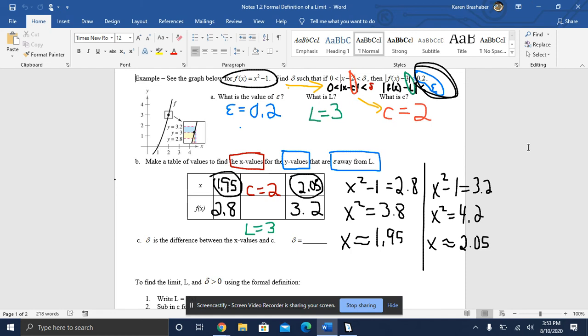So now I have to look and see what is my margin of error for the x. And that is going to be the absolute value of the difference between 2 and the two values that I got for x. And so that's going to equal 0.05.